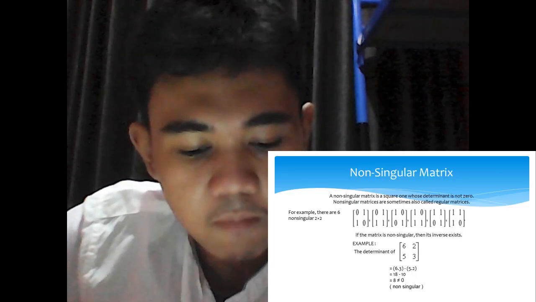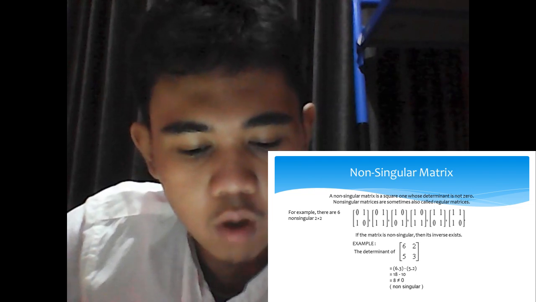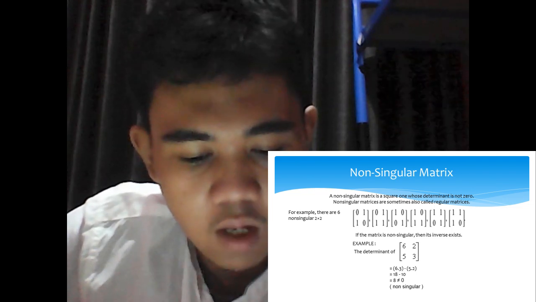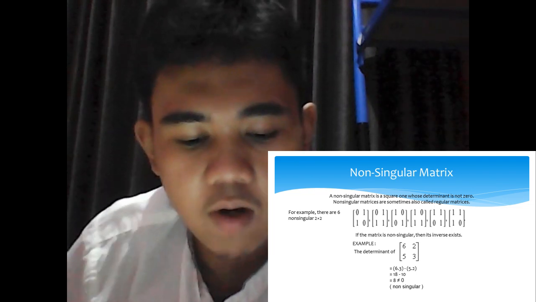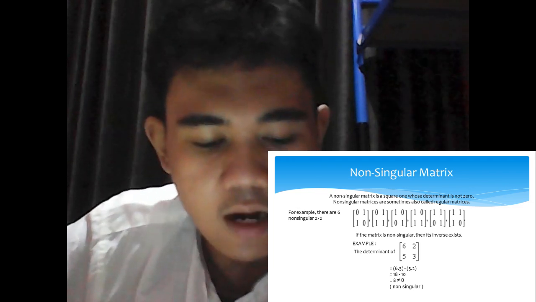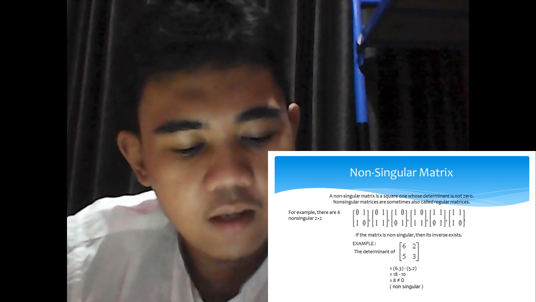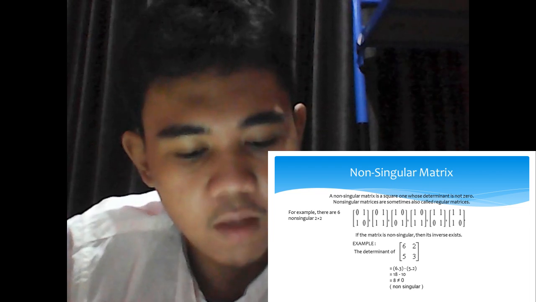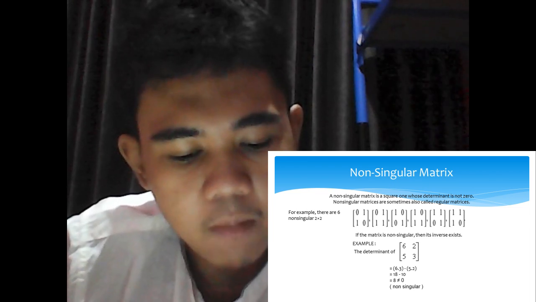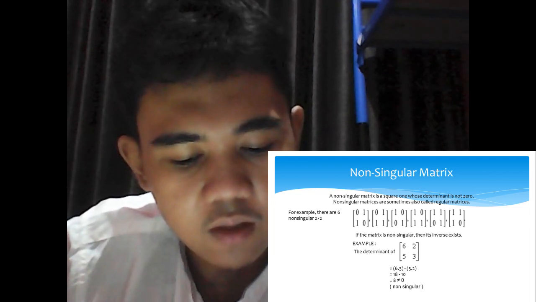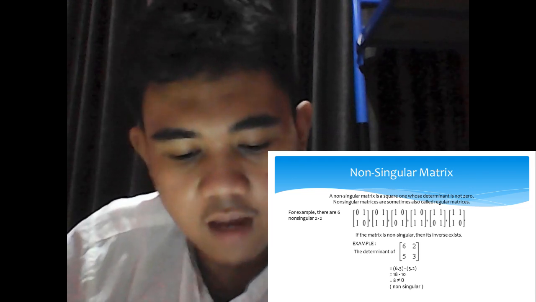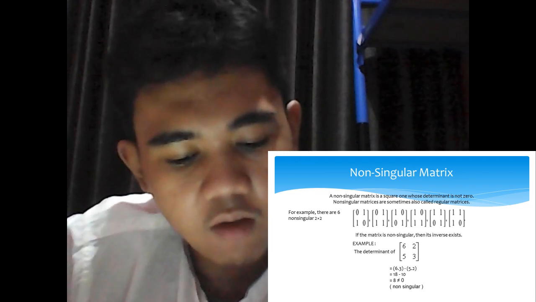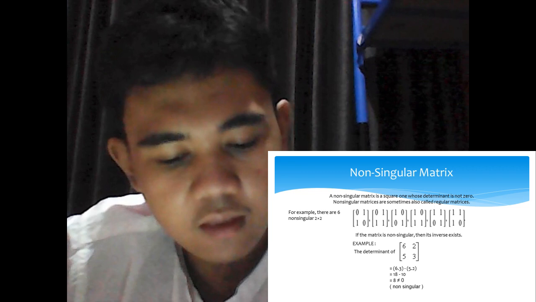A non-singular matrix is a square matrix whose determinant is not zero, sometimes also called a regular matrix. If the matrix is non-singular, then the inverse exists. For example, the determinant is not equal to 0, so it is non-singular.